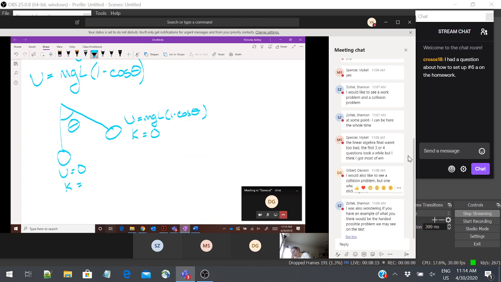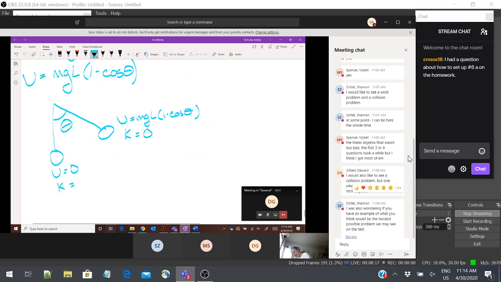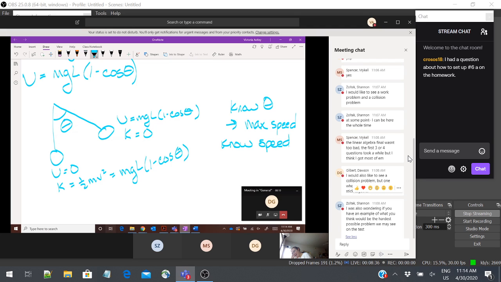Our kinetic energy is 1/2 mv squared, which is equal to what I lost from my potential energy. So if you know theta, you can get the max speed, which happens at the bottom. If you know the speed, you can get the angle theta by doing it the other way.